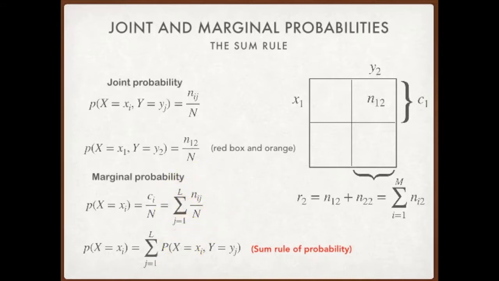Now, looking at the expression of joint probability, we arrive at the sum rule of probability, which states that the marginal probability of a random variable x can be computed by summation over all possible values of random variable y from the joint probability of x and y. So this is known as the sum rule of probability.